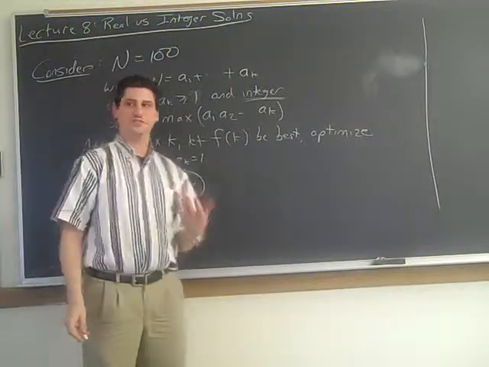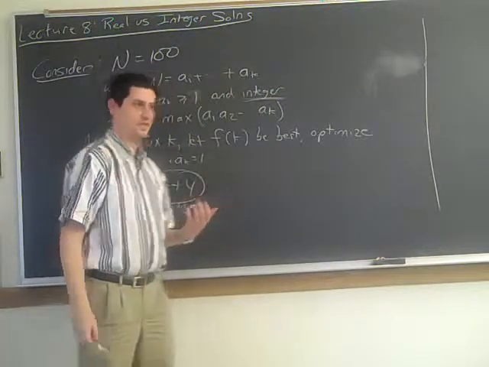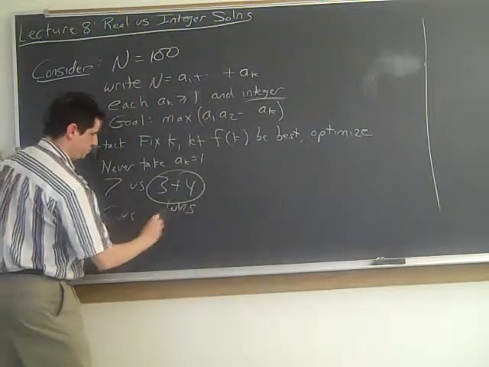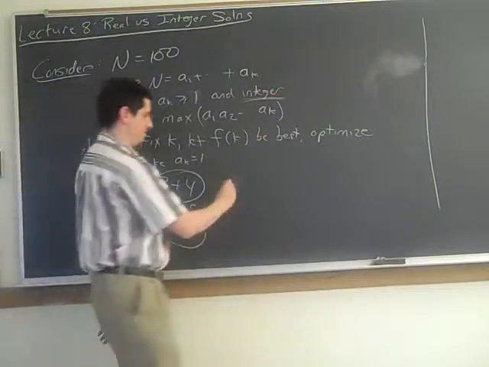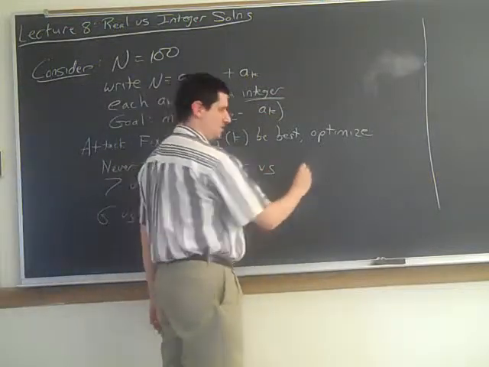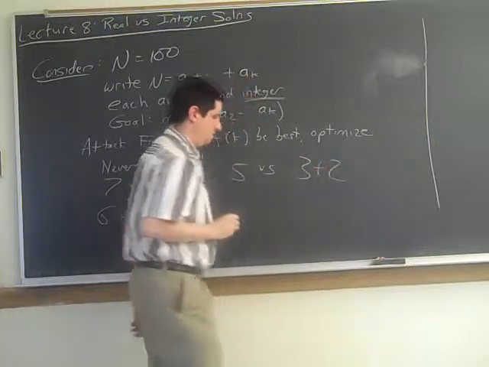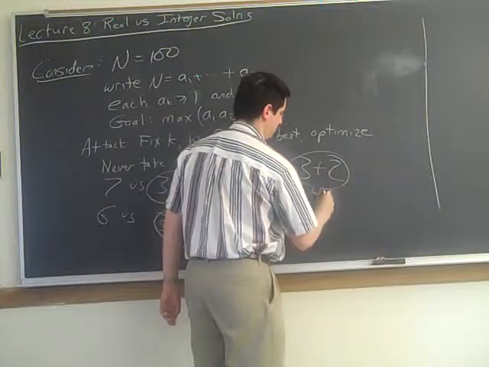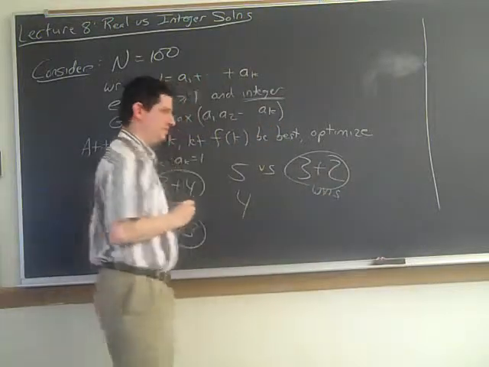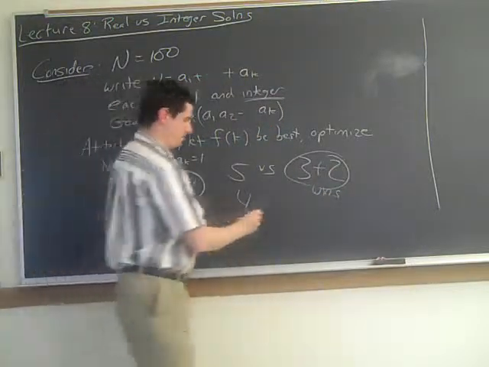Okay, what about 6? 3. So 6 versus 3 plus 3, 3 plus 3 wins. What about 5? 2, 3. So this wins. What about 4? It's the same, it's a push.